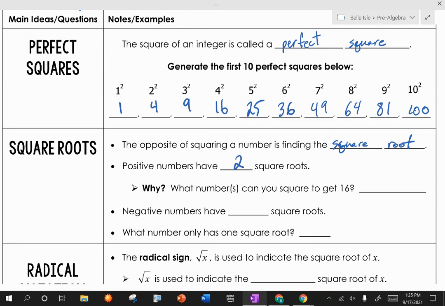Okay, so what numbers can you square to get to 16? 4, and what else? So if you square 2, what are you going to get? 4. Okay, so does that give you 16? Okay, so don't say answers that don't make sense. It's not 1 or 16.